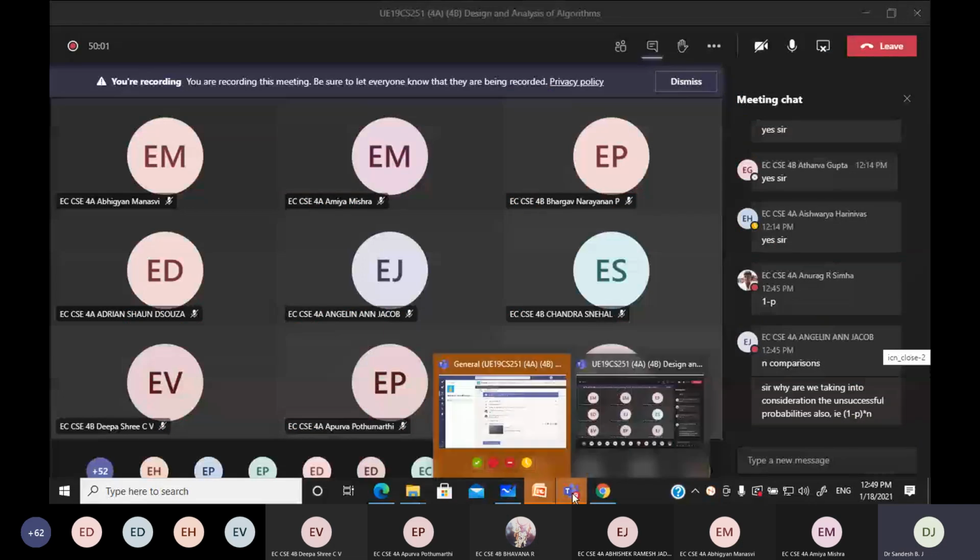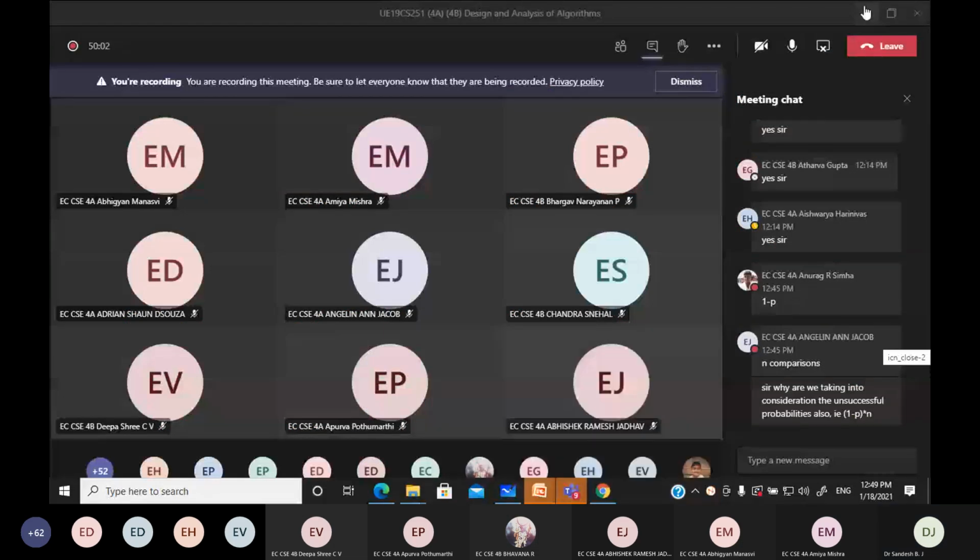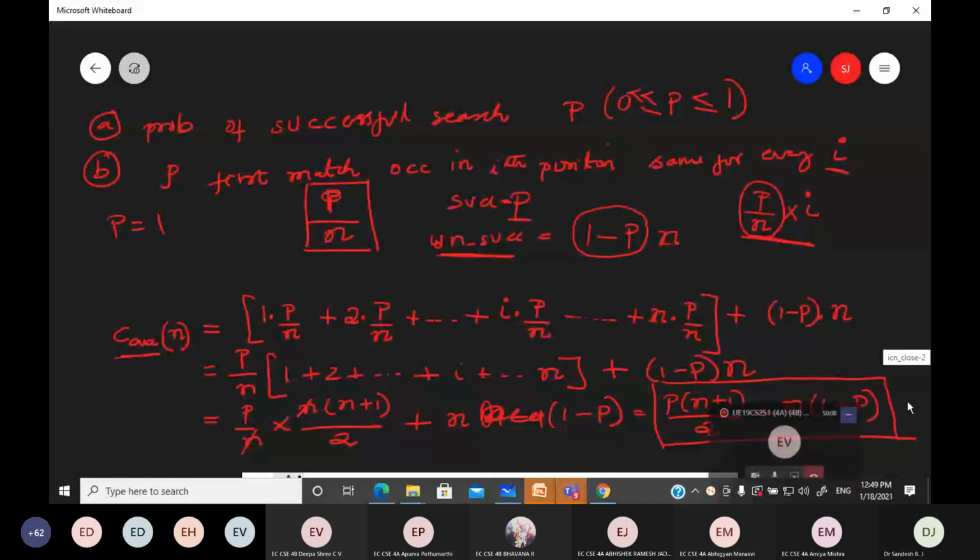Can you tell me? If probability of successful search is 1, that means you are going to find an element in an array. On an average, how many comparisons are you going to do?